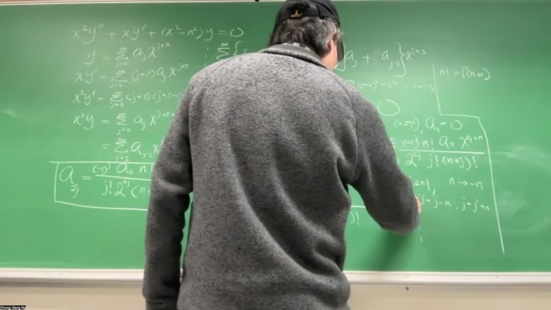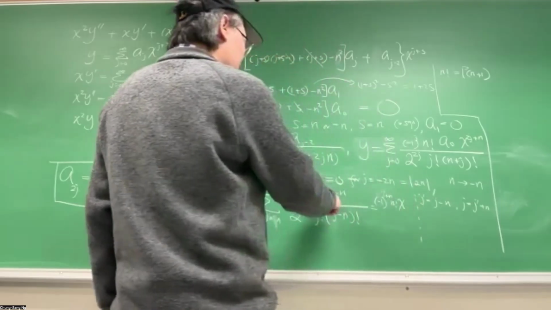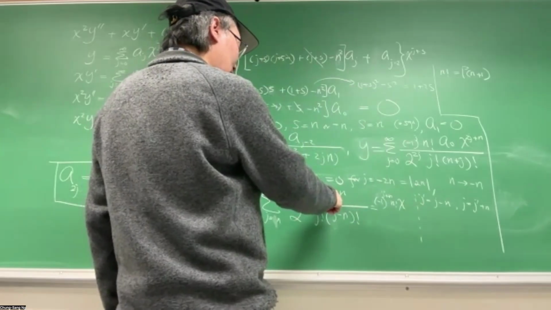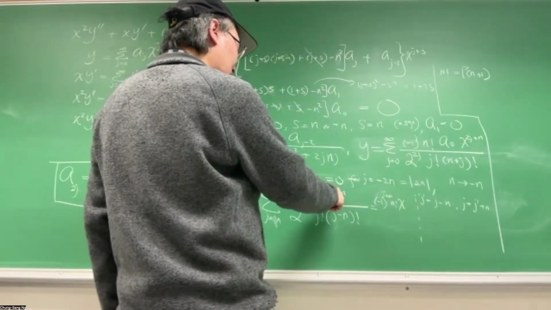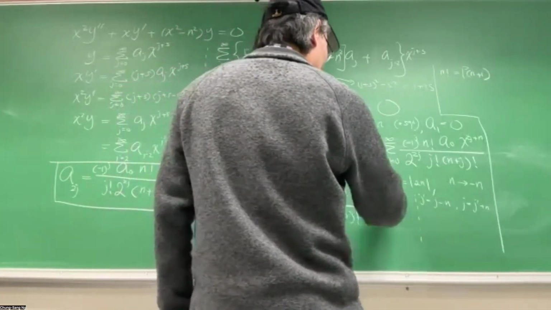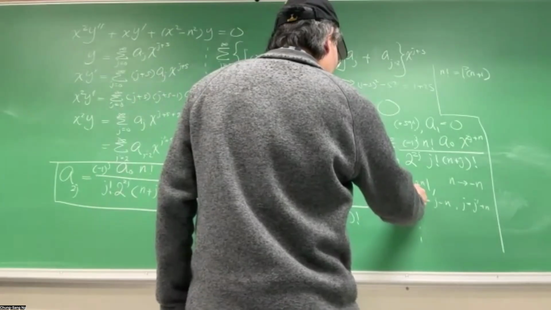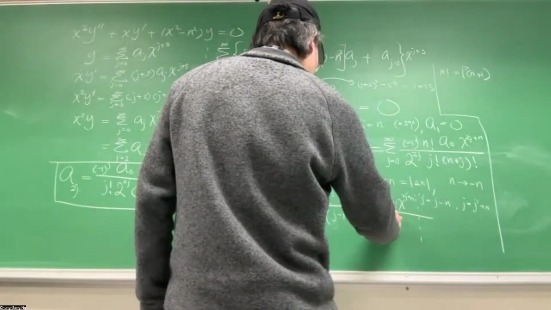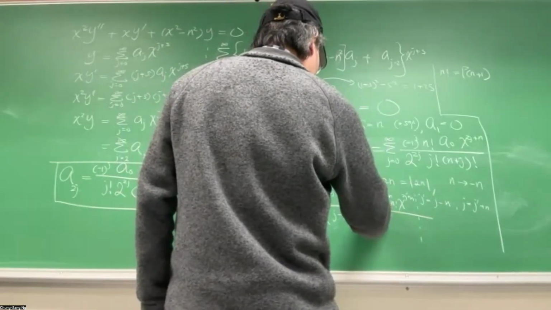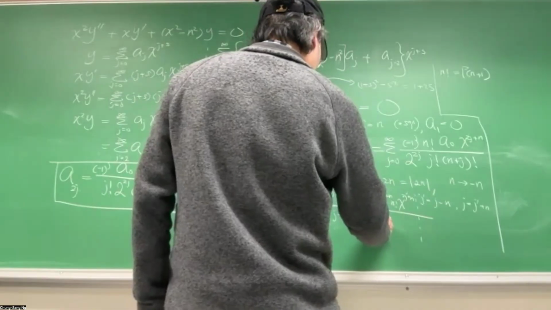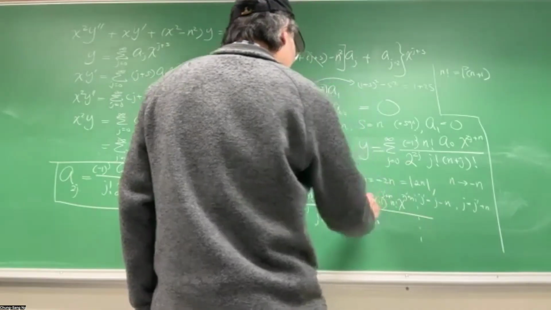Keep n factorial, and then the x to the 2j becomes x to the 2j prime plus 2n minus n, which becomes 2j prime plus n, divided by, there's a sum over j prime from 0 to infinity.